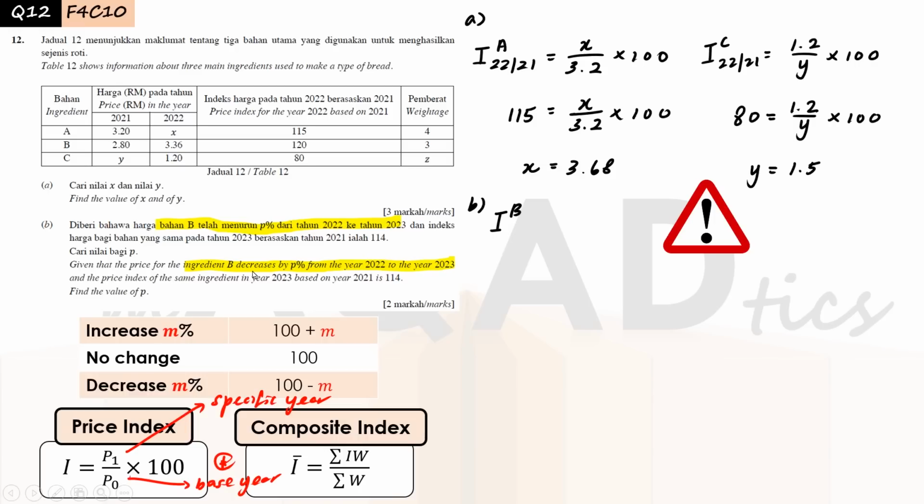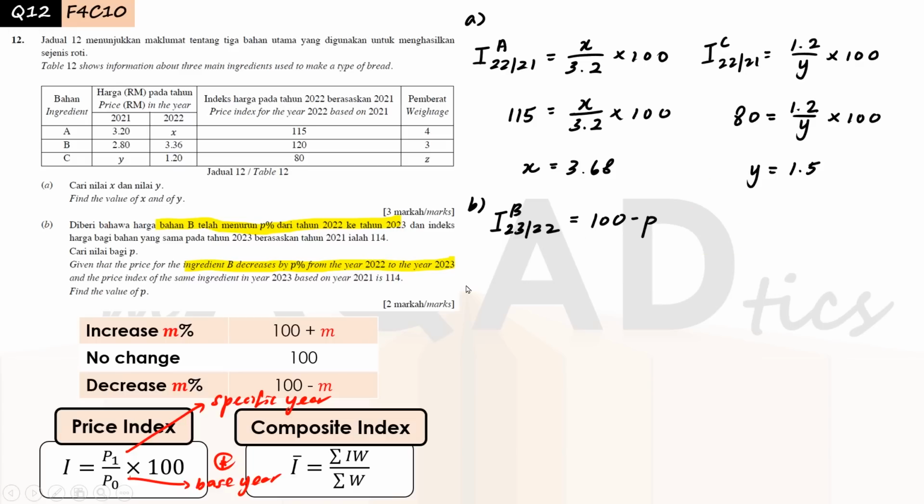Since here it says decrease, we can use this one, which means 100 minus the percentage value. So here it will be 100 minus P. And here it says from 2022 to 2023, which means I'm using the data in 2023 to compare to the data from 2022, which is why 2022 is the base year. So here it will be 23/22.